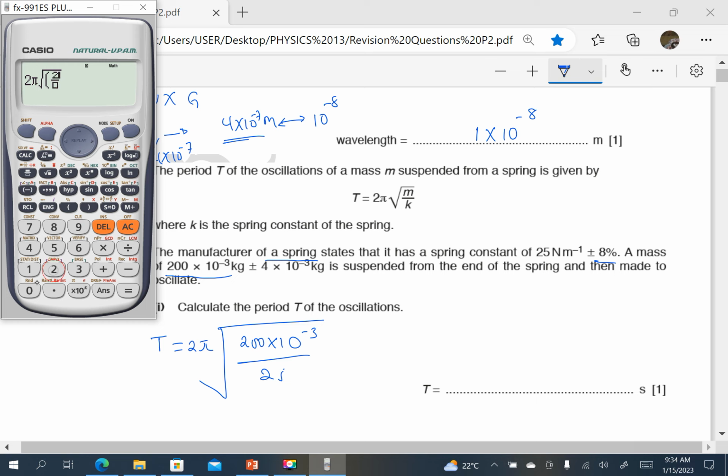So that is 200, or I'll just say 200 times 10 power negative 3, which is the same as 0.2. Then divide by this, which is 25. So I think that is all.